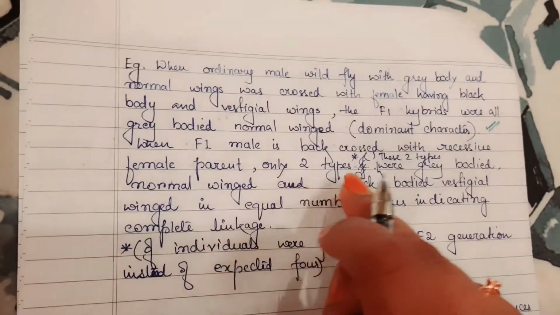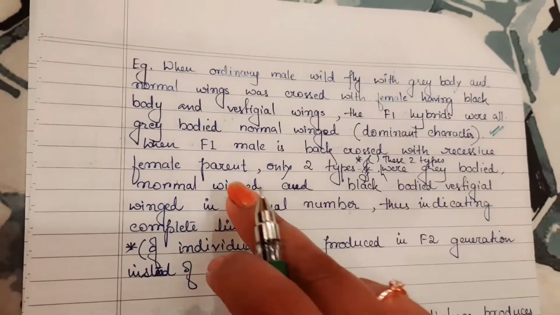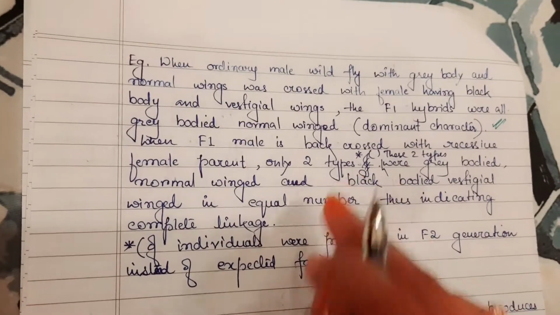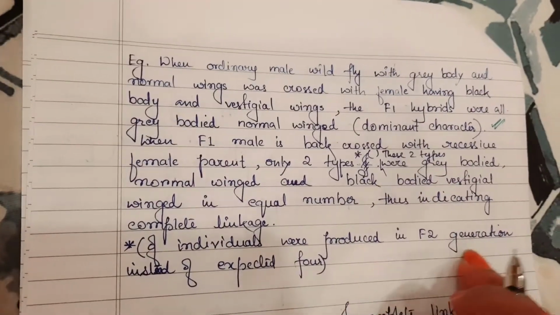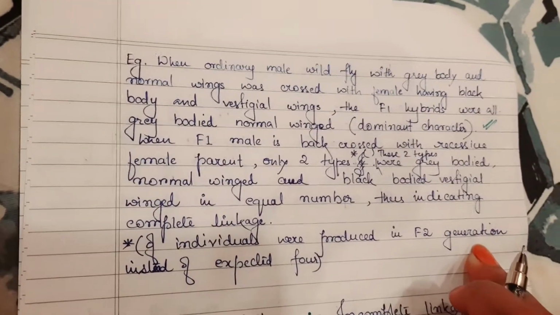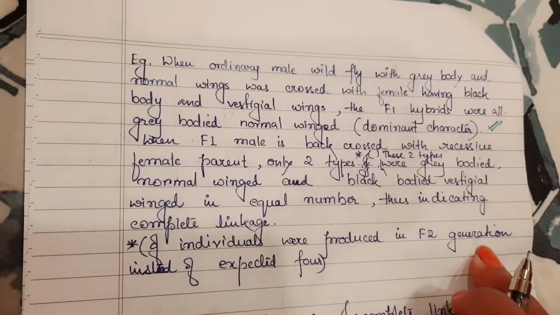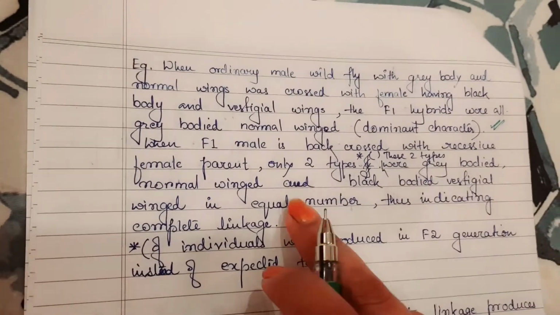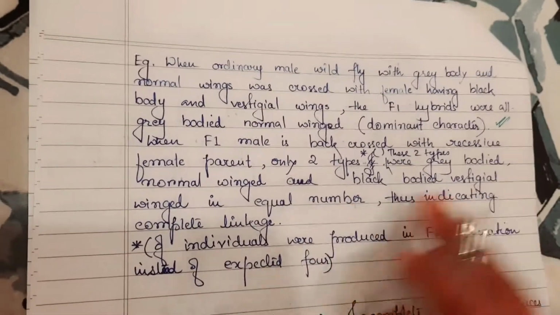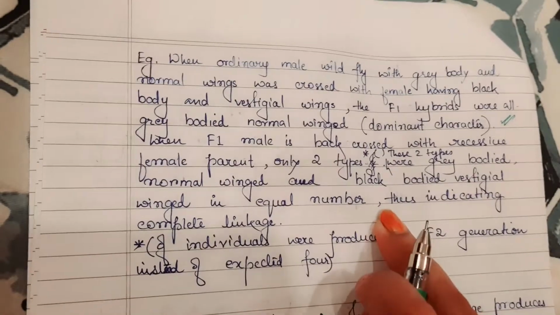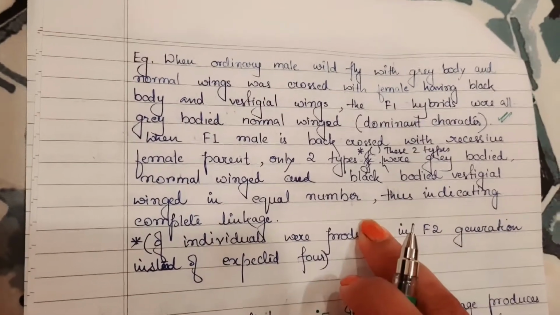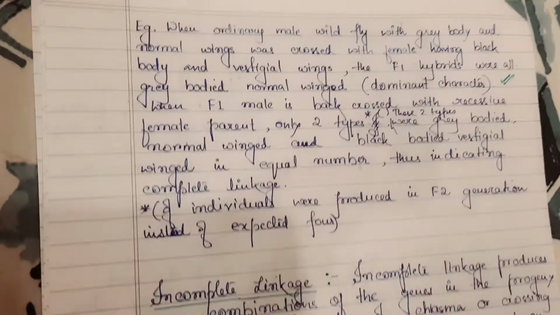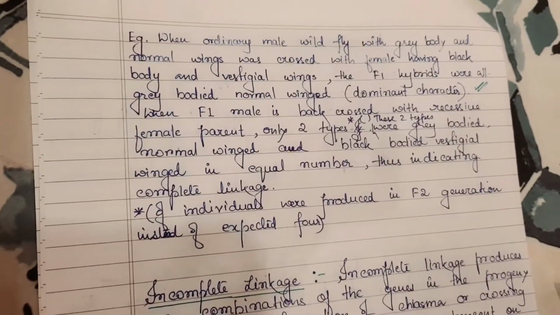When the F1 male is backcrossed with the recessive female parent, only 2 types of individuals are produced in the F2 generation instead of the expected 4. These 2 types were grey bodied normal winged and black bodied vestigial winged in equal number, thus indicating complete linkage. So what has happened?